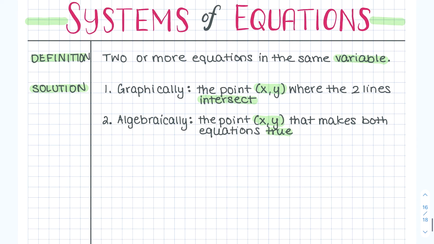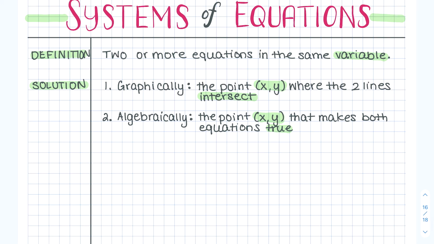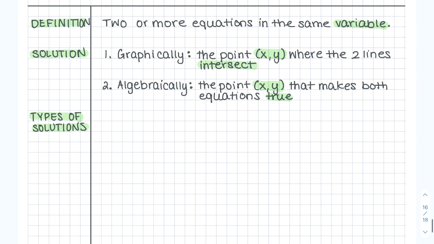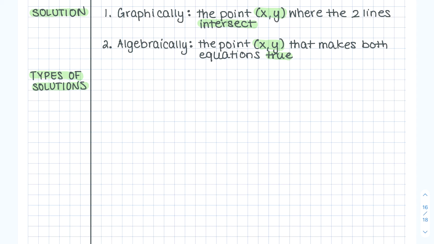Okay? So when we're doing systems, there's three types of solutions that we can have. So I want you to write the words types of solutions. Because right now it's possible that none of this makes any kind of sense. All right, so types of solutions. Okay? Now what I want you guys to do is draw a line all the way across. All right, draw another line all the way across.